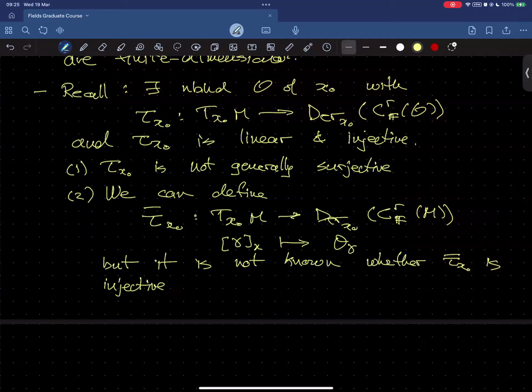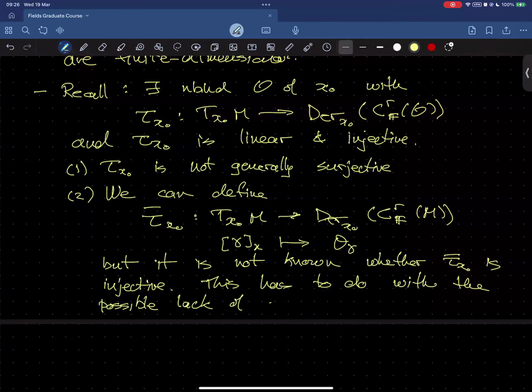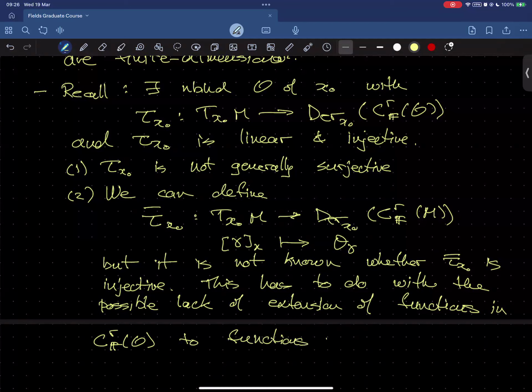So this has to do with the possible lack of extension of functions defined on the neighborhood O, so C^∞(O), to functions in C^∞(M).